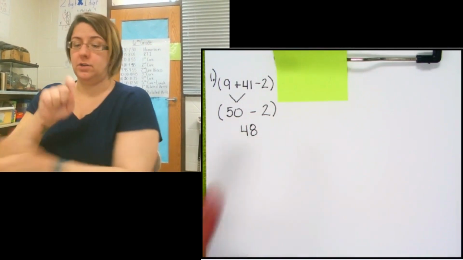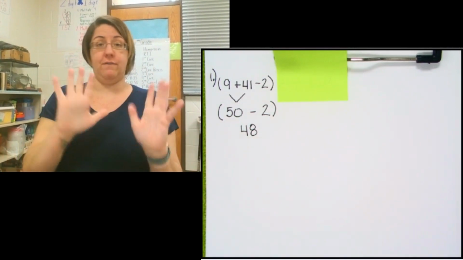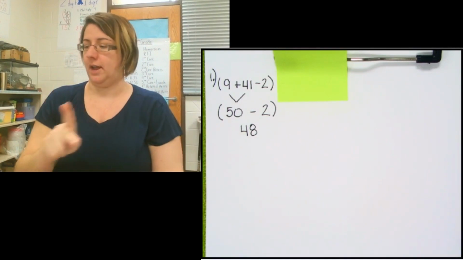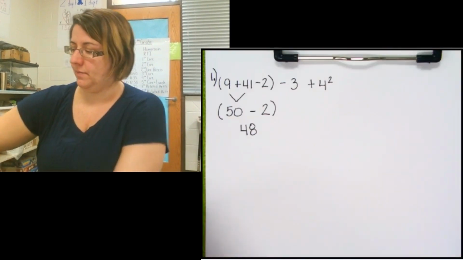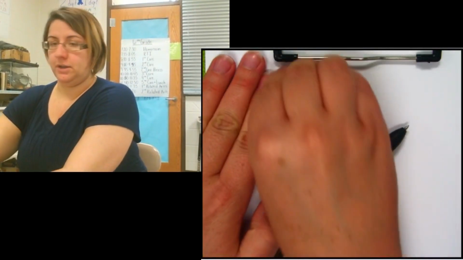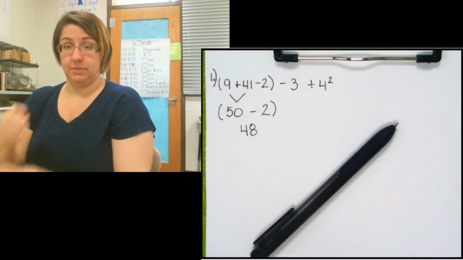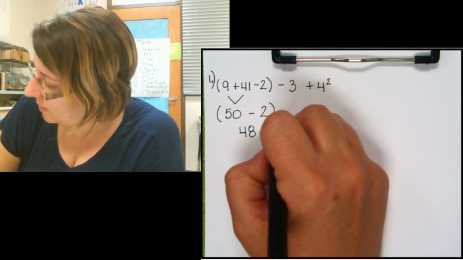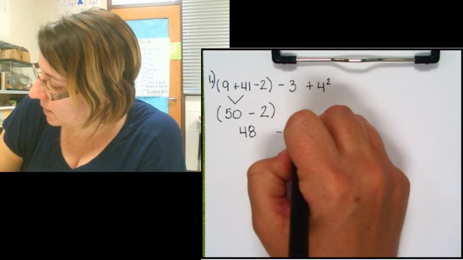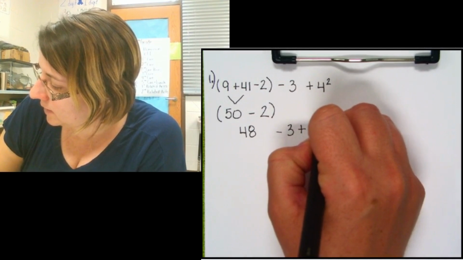You do not need to write the parentheses again. We are finished with the parentheses. Okay? So now, we're going to bring down the rest of the problem. Minus 3 plus 4 to the second.